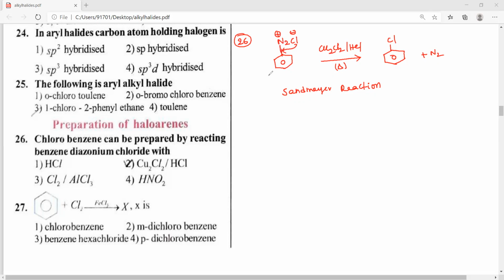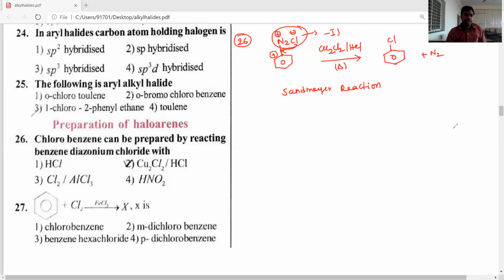do not undergo nucleophilic substitution reactions, but the benzene diazonium salt, N2Cl, is a strong electron withdrawing group, minus I group, so it generates positive charge on the benzene ring. It generates electron deficiency on the benzene ring.